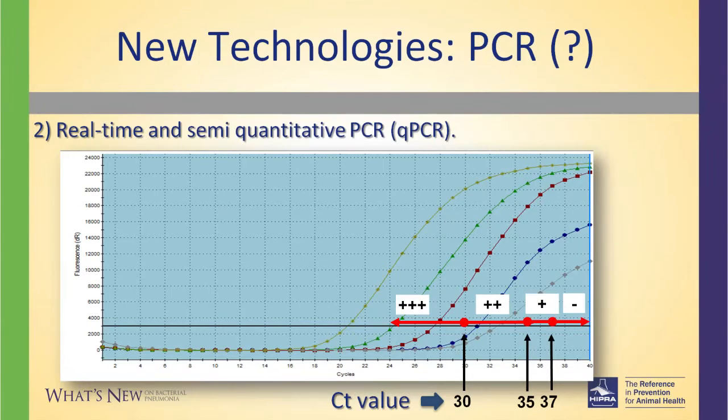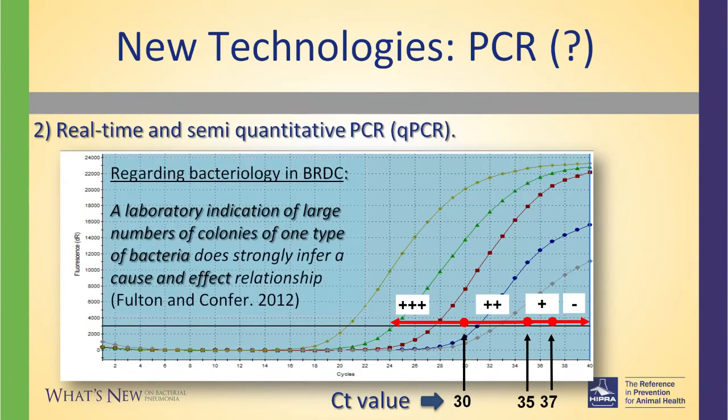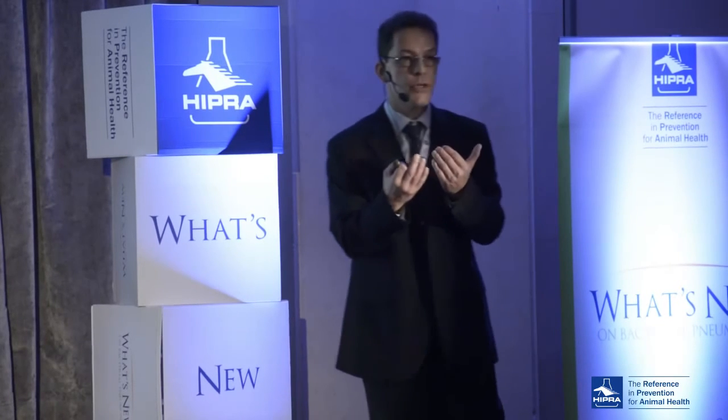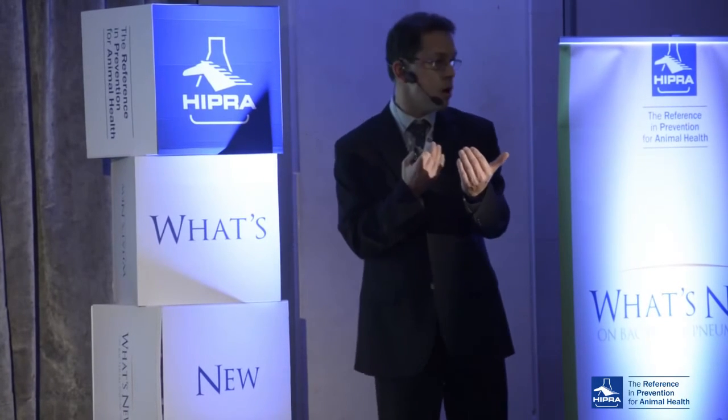The higher PCR signals, I mean, those samples containing more bacteria, gave a signal before and stronger. And if we use the same principle as in bacteriology, when you have a blood agar plate, for instance, with plenty of mainly Mannheimia hemolytica, then you establish a relationship of cause and effect.